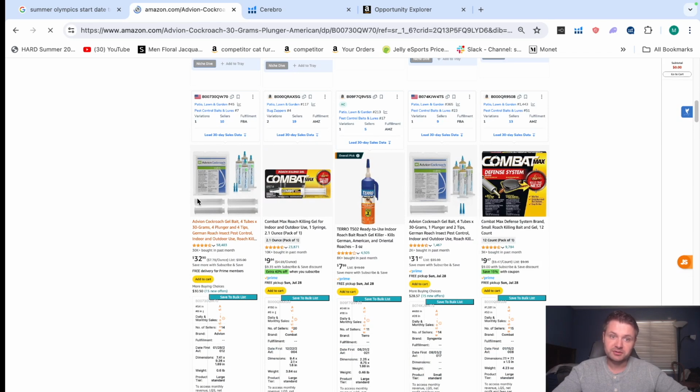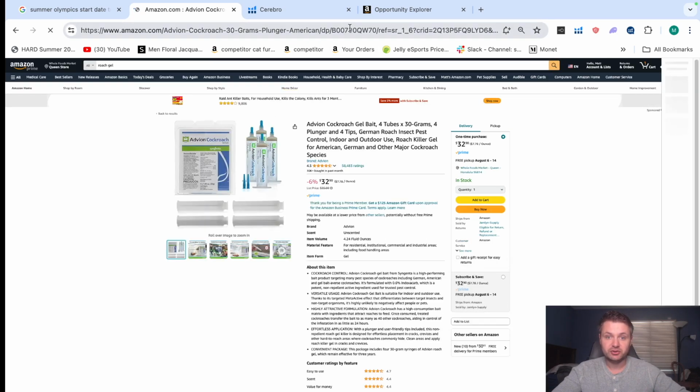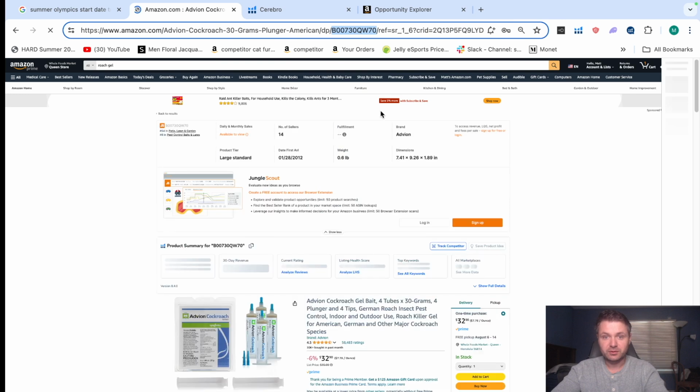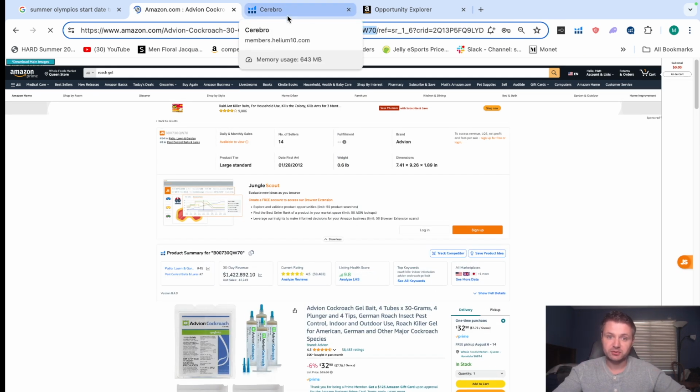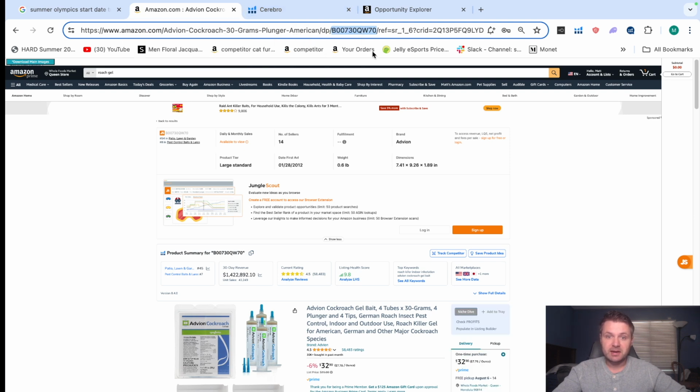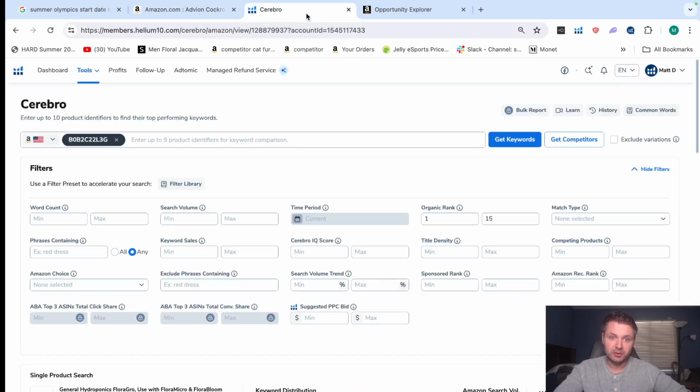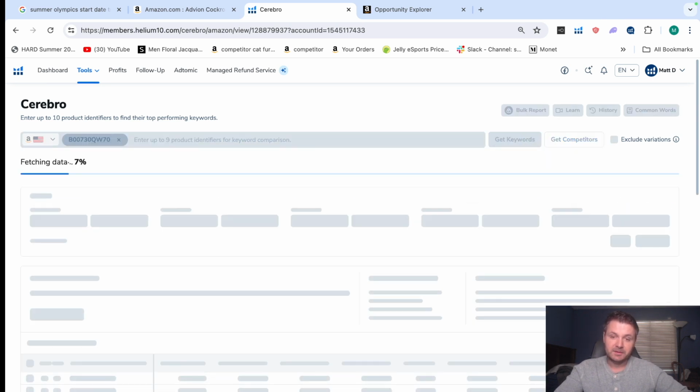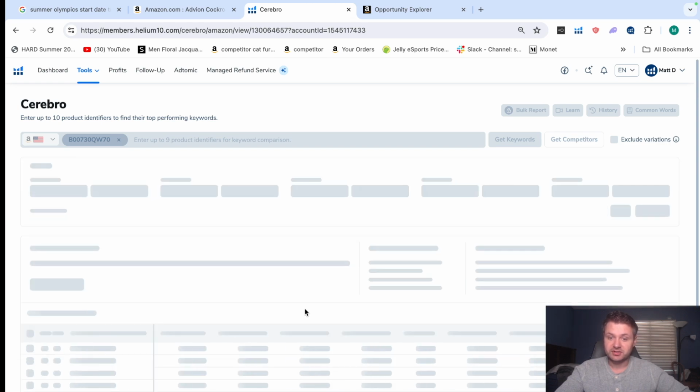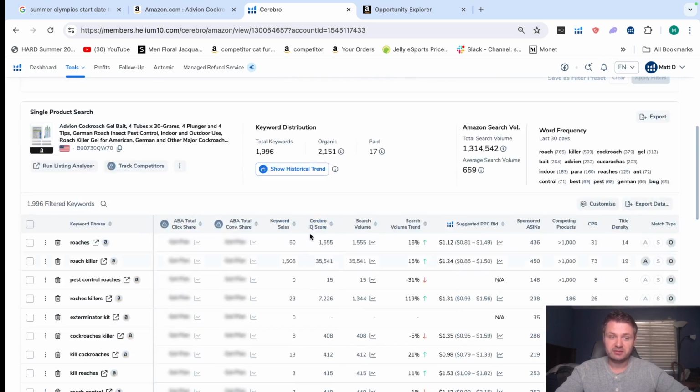To figure out the search terms we want to target when we're trying to rank, we grab the ASIN right here, and then we go right into Cerebro. We put that exact ASIN into Helium 10 Cerebro, get keywords, and it's going to show us a whole list of a ton of keywords that we could rank for, but a lot of them are just relevant.